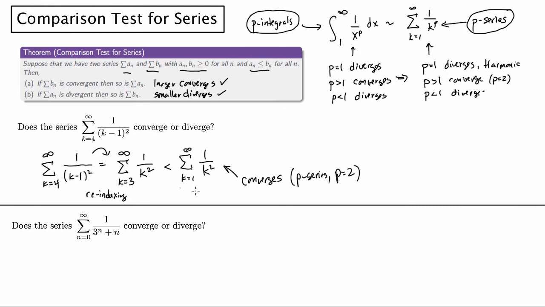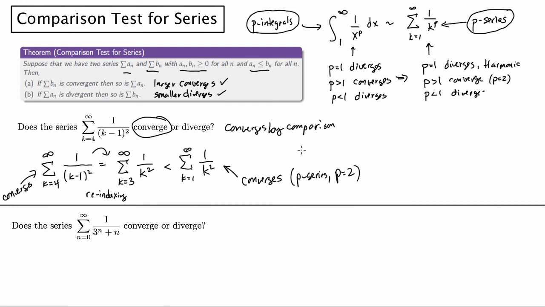And so I know the larger one converges. This sum is larger than this one, so I know that this one must also converge. So I know that it converges by comparison. So that's just a simple trick, but it sort of lays the foundation for looking at a more difficult one.